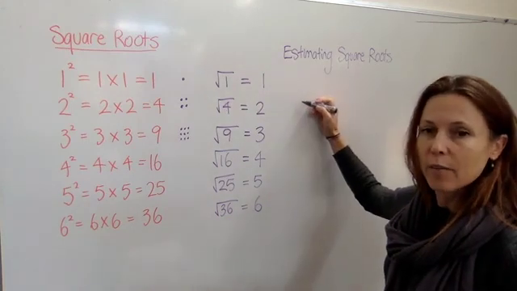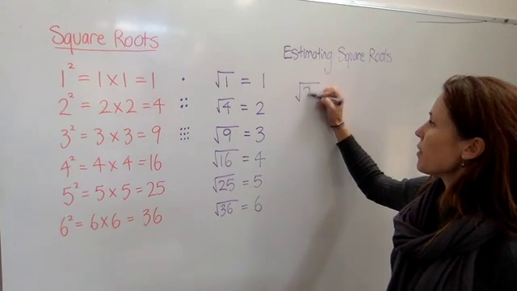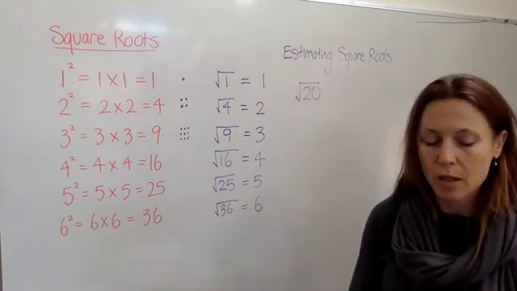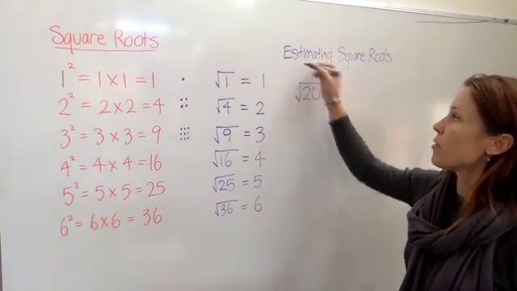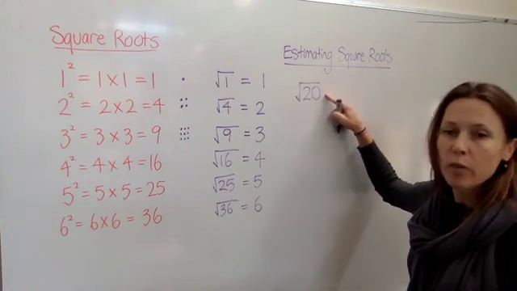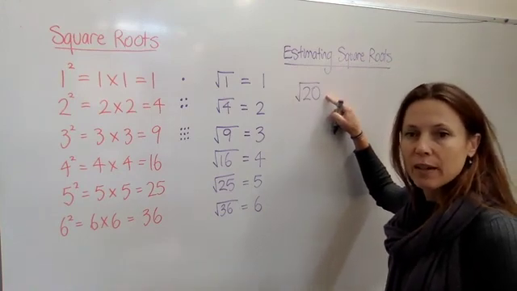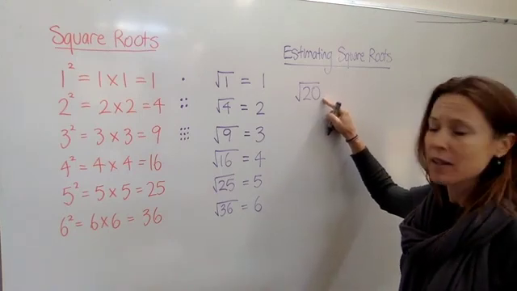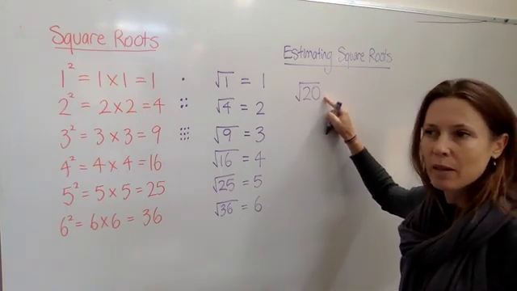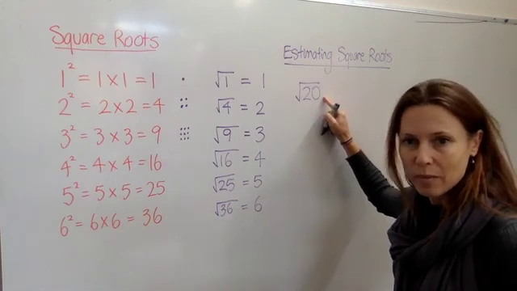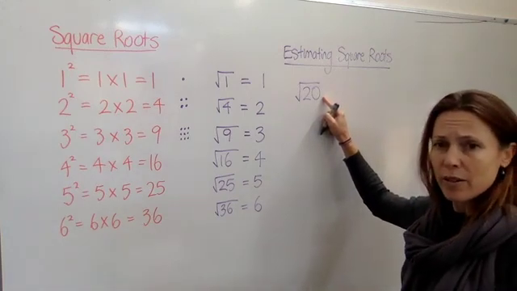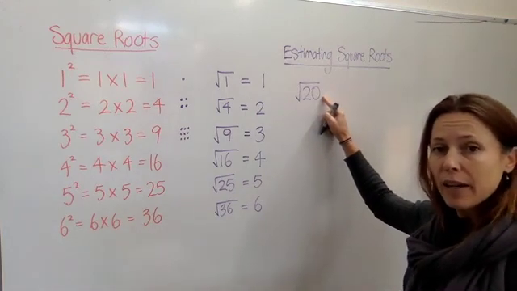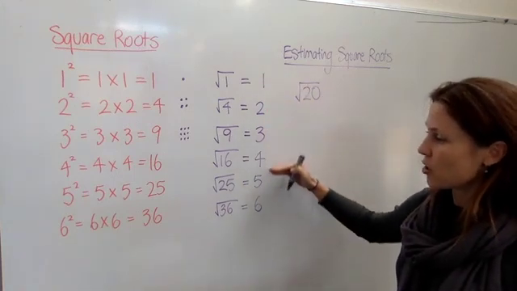Now let's just take the number that we looked at with our calculator, the square root of 20. In this module, estimating square roots, it asks you to figure out approximately how big this would be. Now it's almost impossible to do it in your head, even with pen and paper. It's very, very hard to multiply something by itself when you don't know what it is that you're multiplying. So square roots are notoriously hard to figure out, but we can use these as our benchmarks.